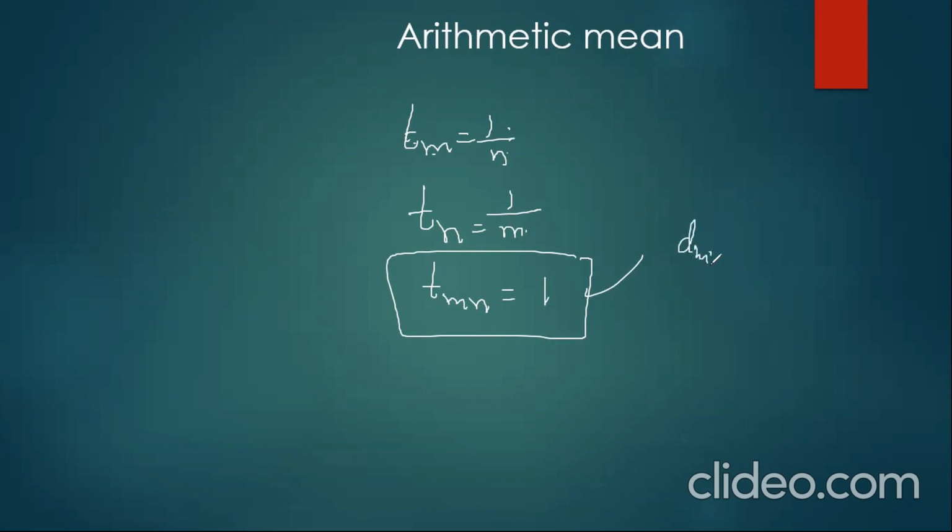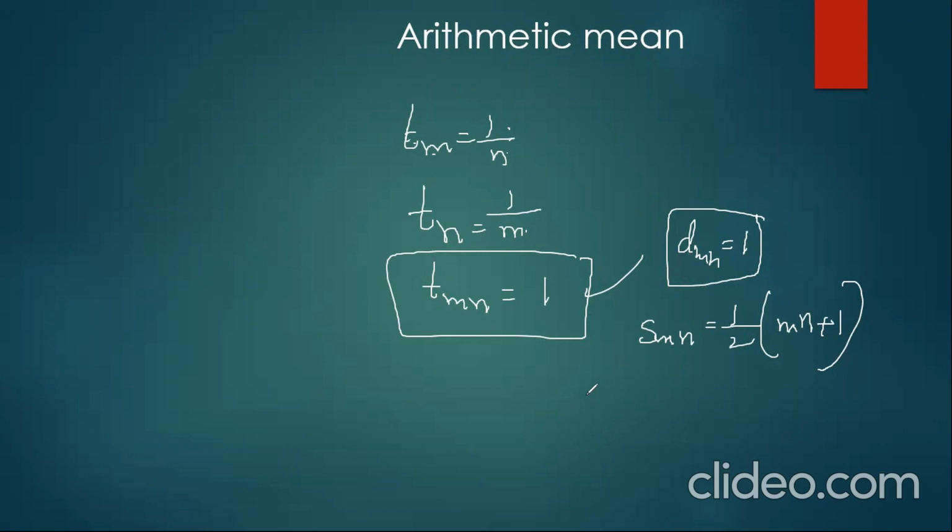And D is equal to 1 by mn. Smn is equal to half into mn plus 1. Understood? And A is also equal to 1 by mn.